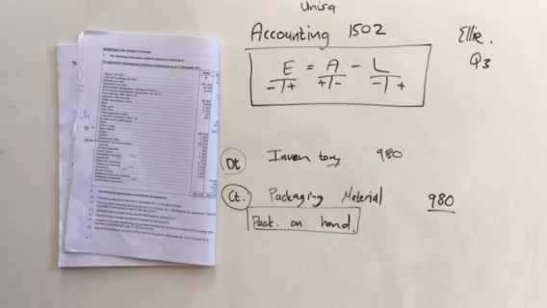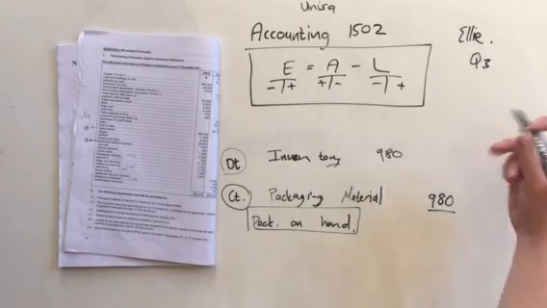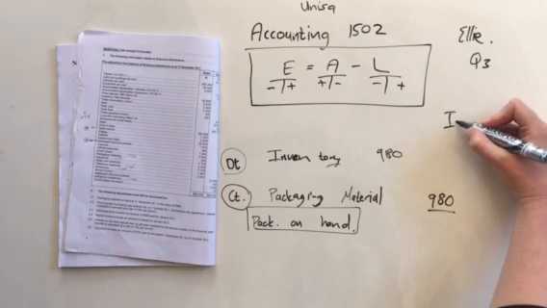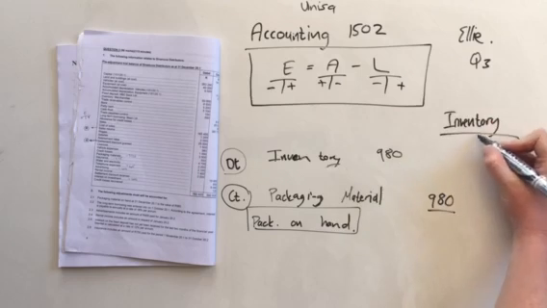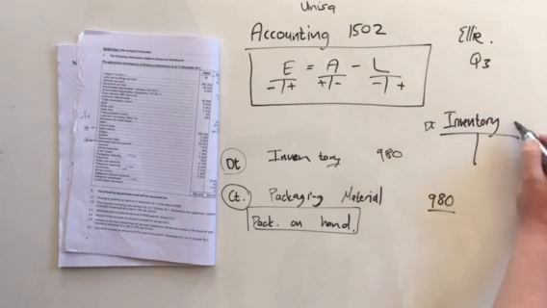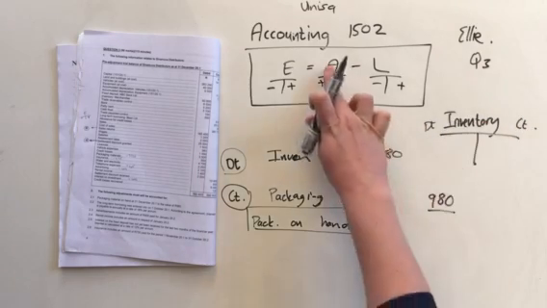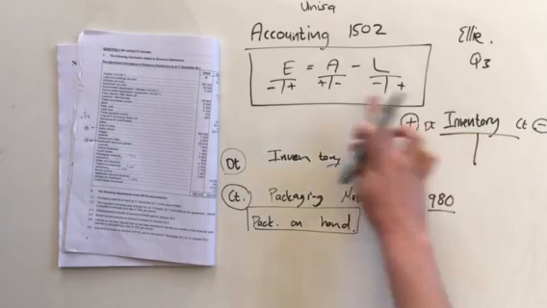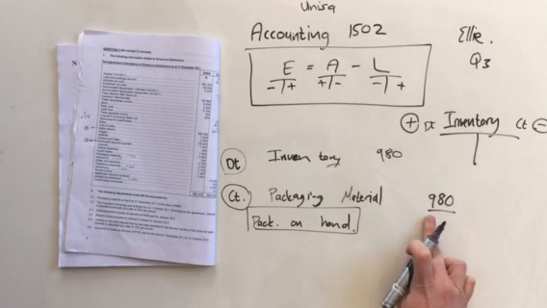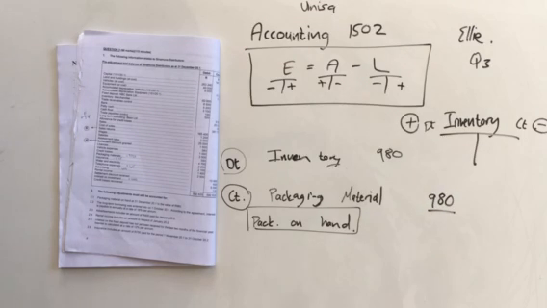Okay, inventory is an asset. So if we have the debit side on this side and the credit side on this side, we know it's an asset, so it's always a plus on this side and it's a minus on this side when it's an asset. The inventory we did not use mean that the inventory goes up, right?